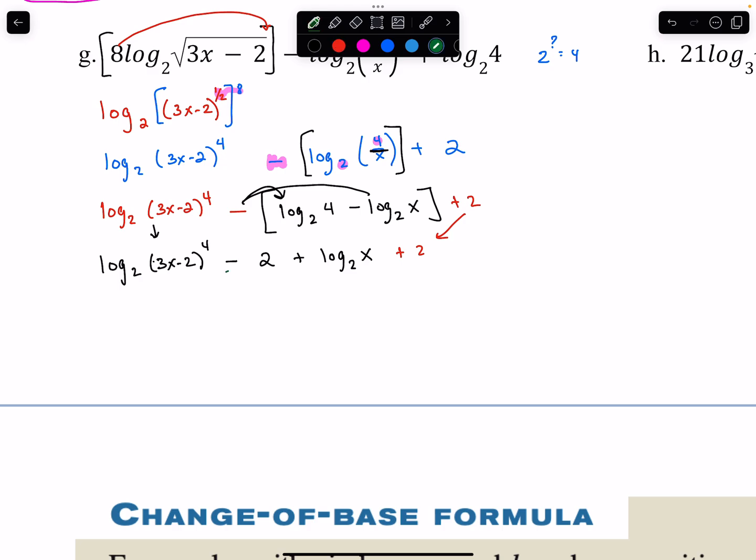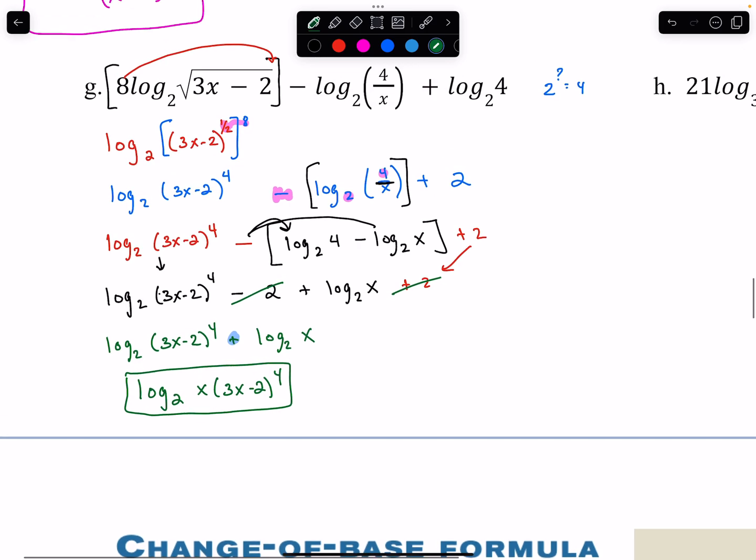And then the positive 2 and the negative 2 will cancel out, and you're left with log base 2 of 3x minus 2 to the fourth plus log base 2 of x. Addition implies multiplication, so writing this with one log is just log base 2 of x times 3x minus 2 to the fourth.